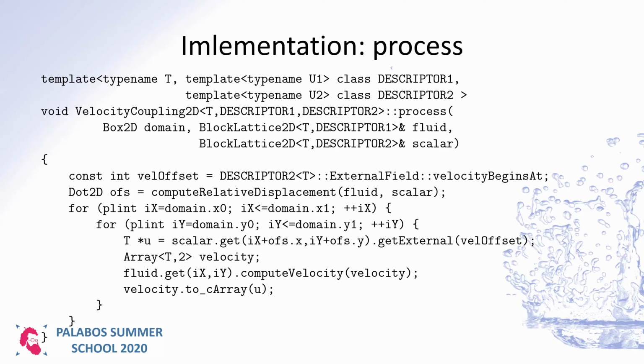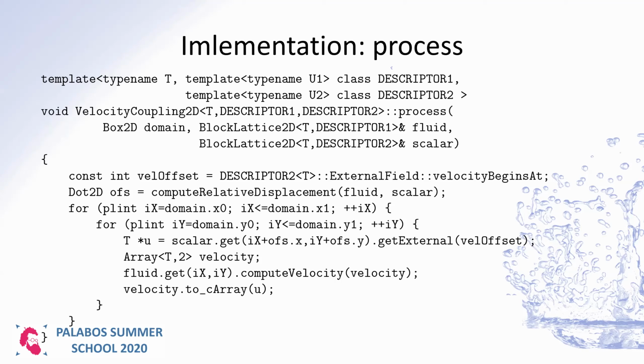We want to parse the fluid lattice to compute the velocity on every cell, and then we are going to copy it to the lattice which is computing the advection diffusion equation. So the lattice which computes the advection diffusion equation is also a Boltzmann lattice. It has populations. But after all the populations, I think that in 2D this is going to be 5 populations, it also stores the velocity.